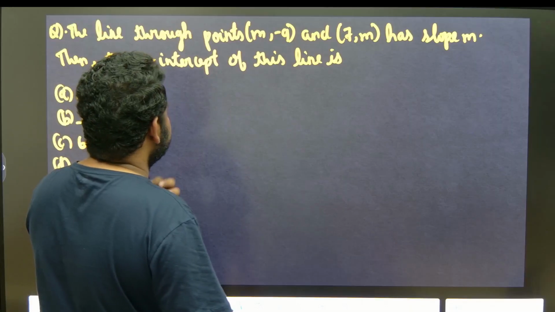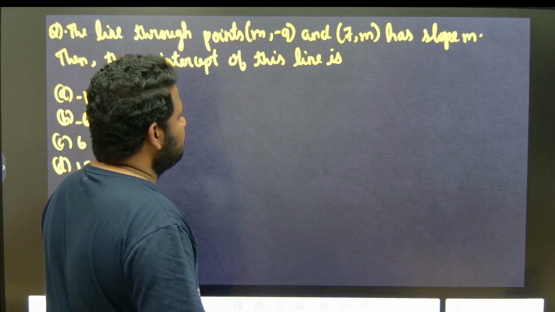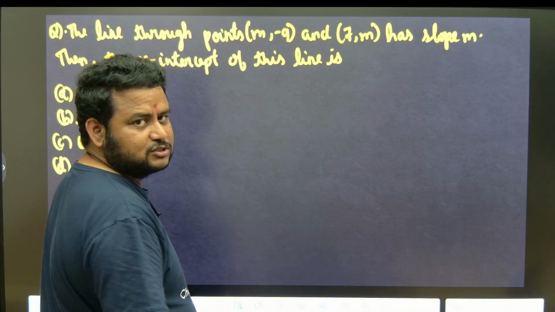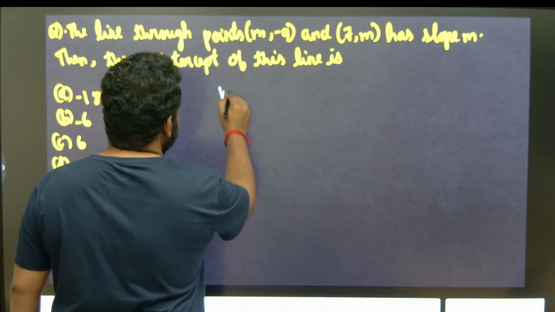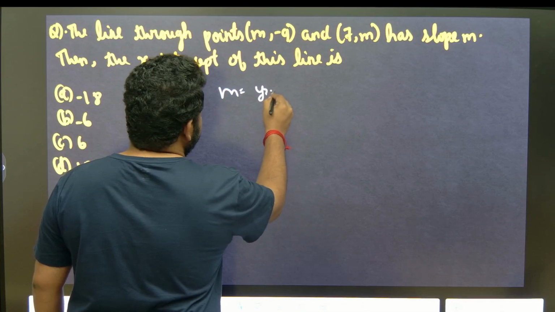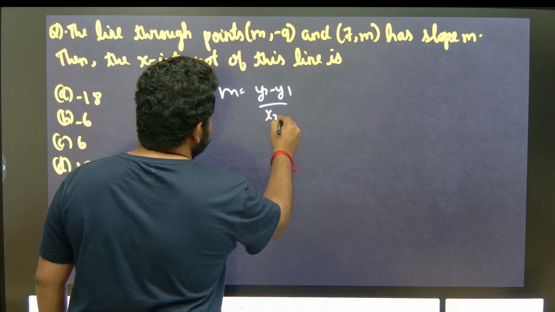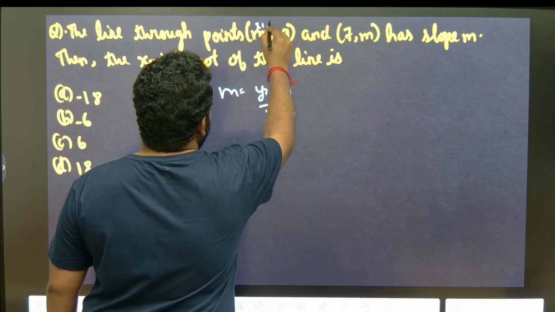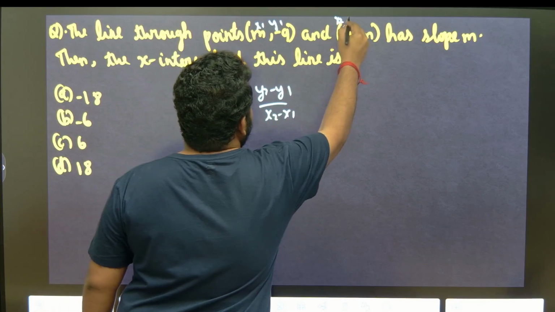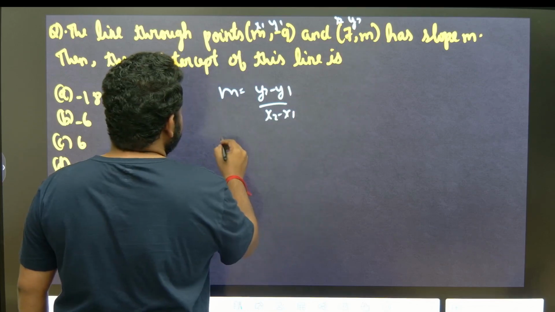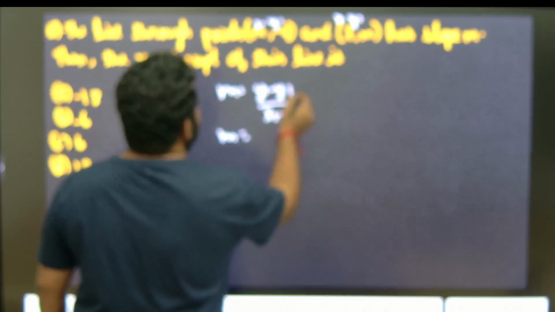For this, what we can do, they have given 2 points. If 2 points are given, you can find the slope. We know that m is equal to y2 minus y1 by x2 minus x1. Let this be x1 y1, and let this be x2 y2. So m is equal to m plus 9 divided by 7 minus m.